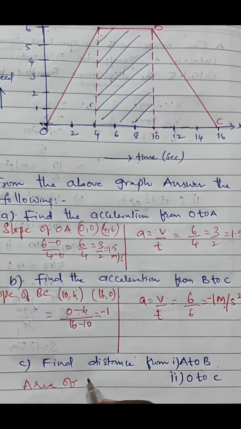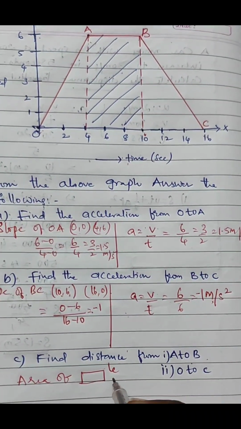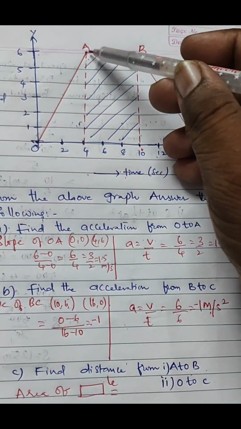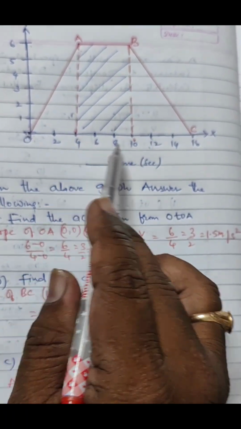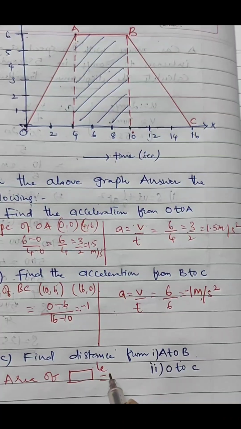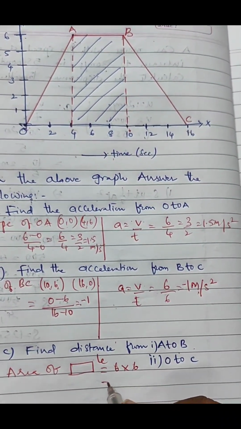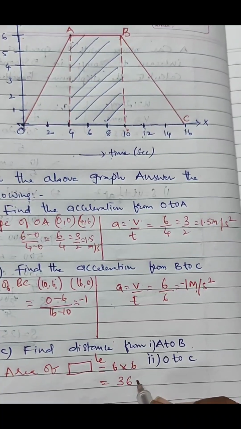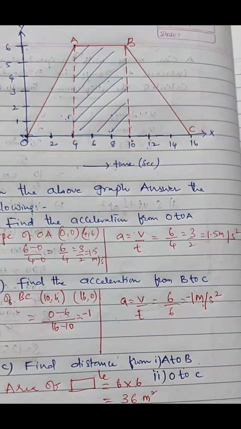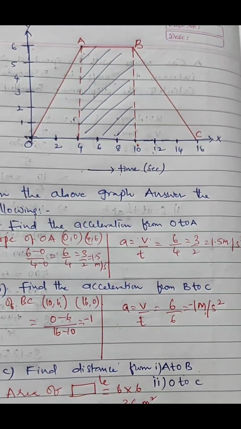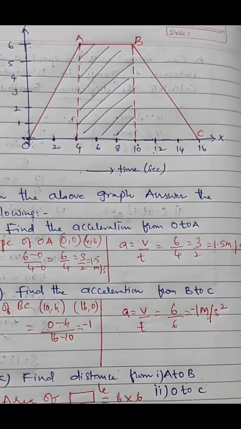Area of rectangle equals L into B. This is 6 and this is 10 minus 4, which is also 6. So A to B is 6 into 6, which equals 36 meter square. That area clearly gives the distance. So 36 will be the answer.